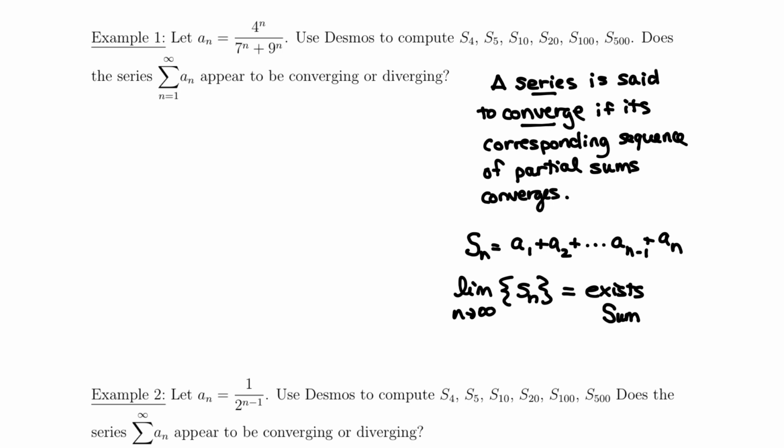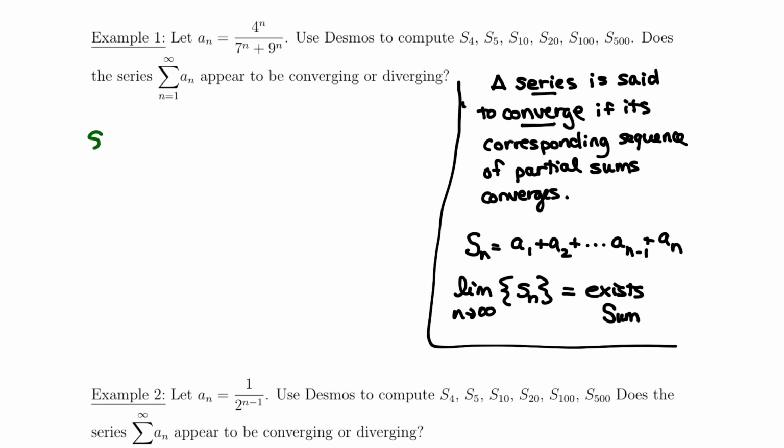So we are going to look at the sequence of partial sums as n gets bigger and bigger and bigger. Does this limit exist? And if it does, then that's said to be the sum. That's the theory behind what we're doing. But now let's put the math behind it.